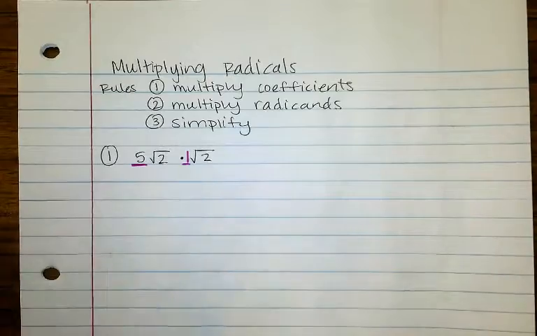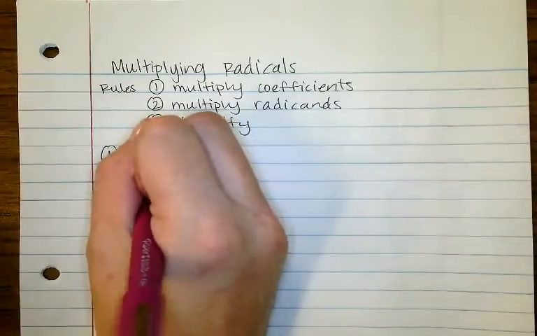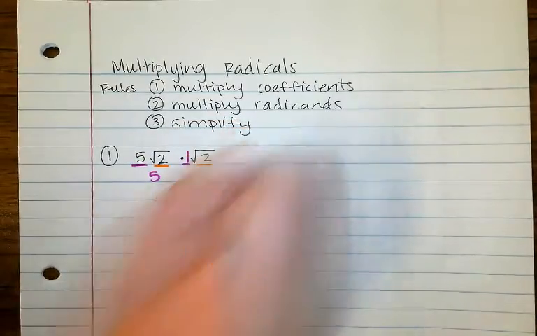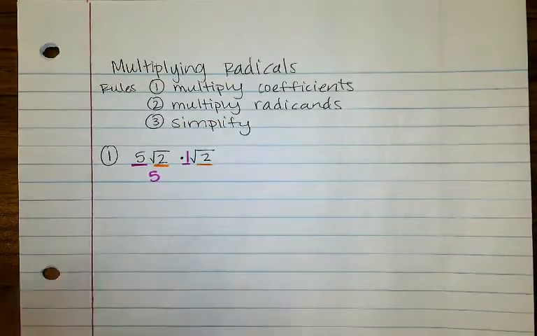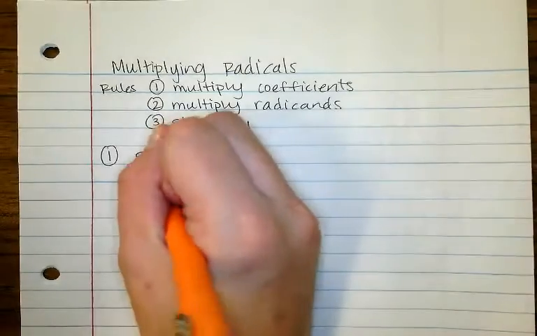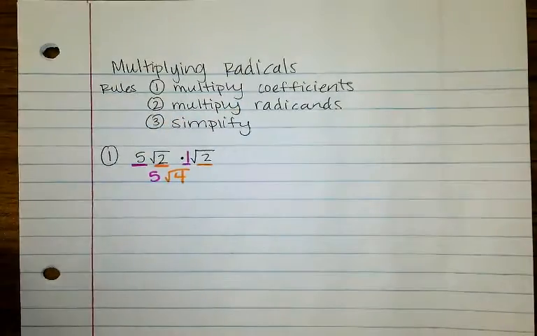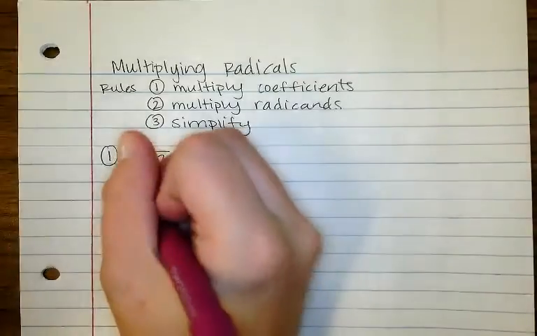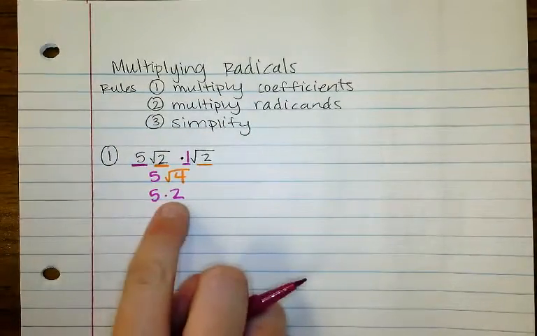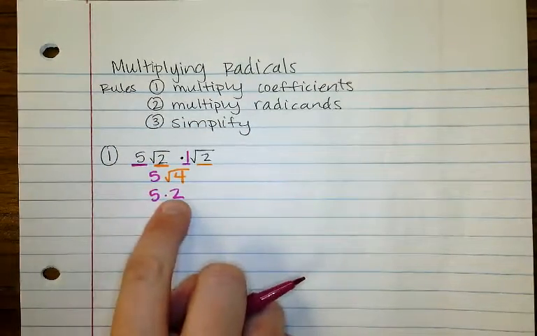Then we multiply the radicands. What is 2 times 2? So this is 5 times the square root of 4. Is this going to simplify? Sure is. That's 5 times 2, which simplifies into 10, because the square root of 4 is just 2.